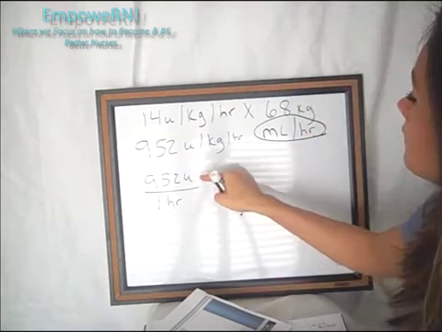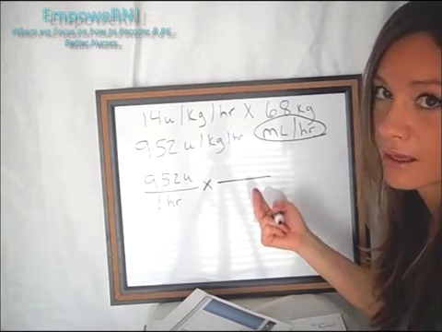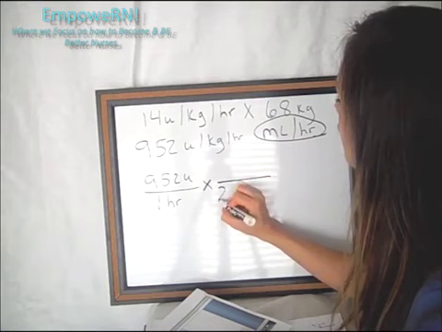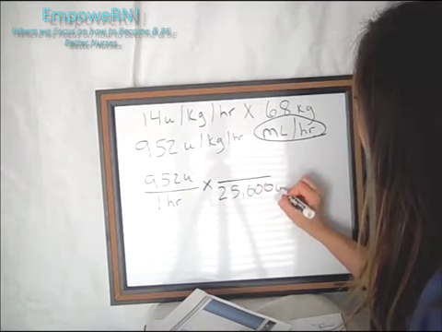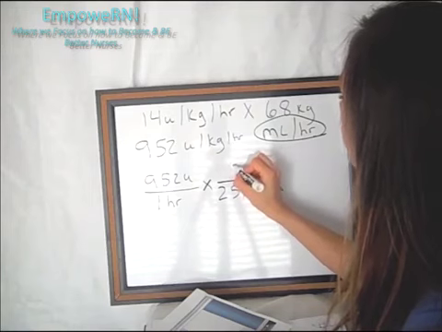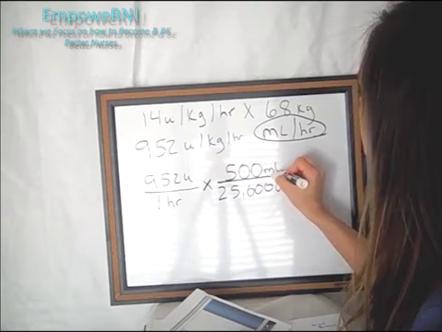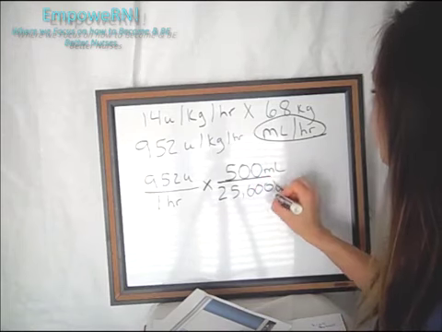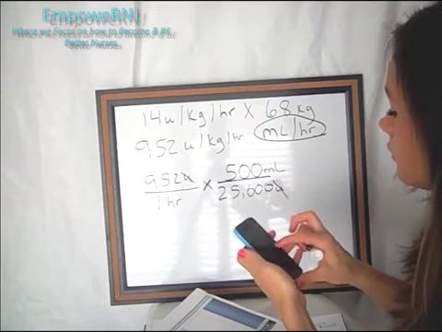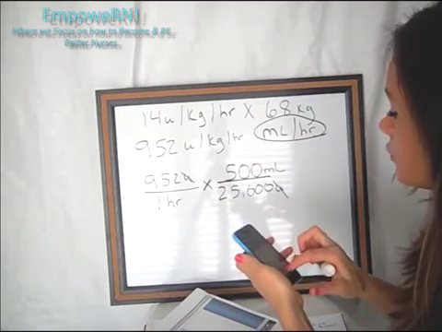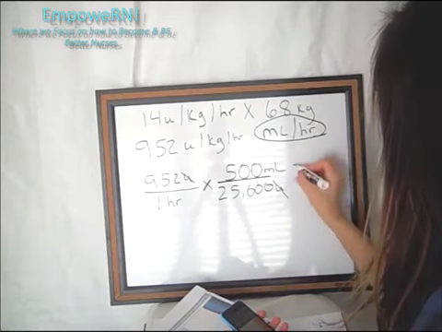Our need to eliminate makes us have to put our on-hand dose of heparin here, which is 25,000 units over, and then 500 mLs goes here. So we cancel this out. So 952 times 500 is 476,000.